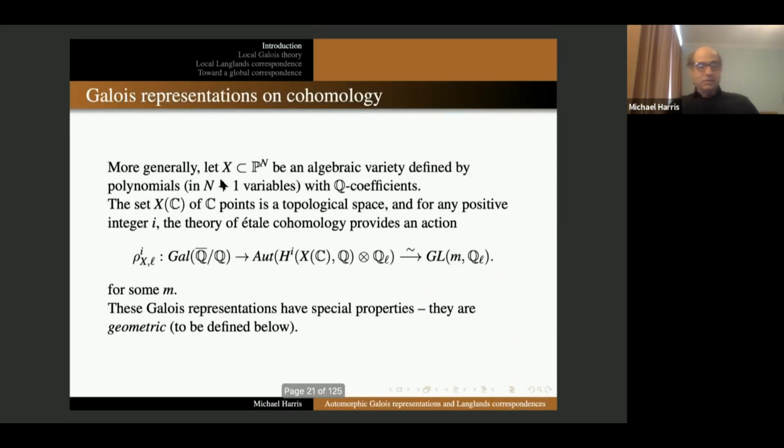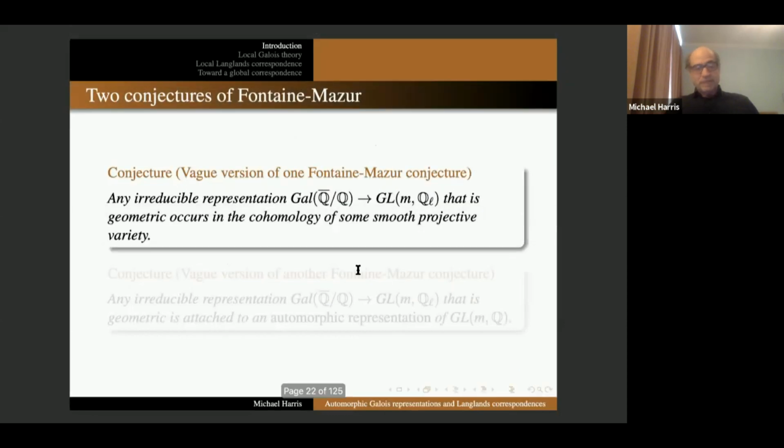Now, I didn't say that this is a smooth variety, but we could assume that it is a smooth, non-singular variety. And occurs would mean that it is an irreducible summand, or let's be more cautious, an irreducible constituent, Jordan-Hölder constituent for the representation of the Galois group on one of these spaces. All right, so that's the conjecture.